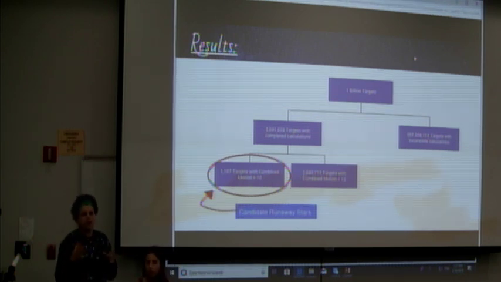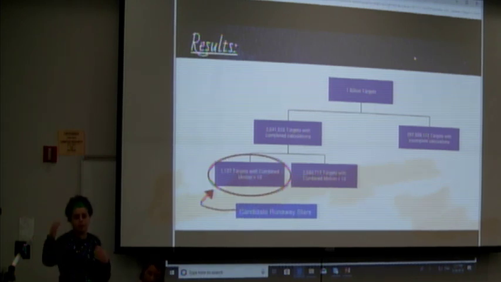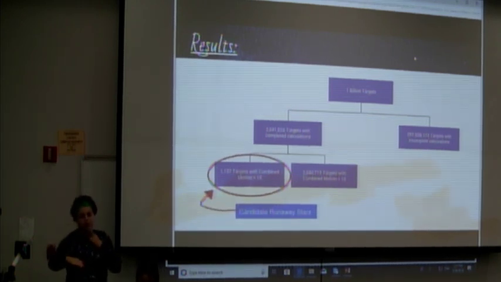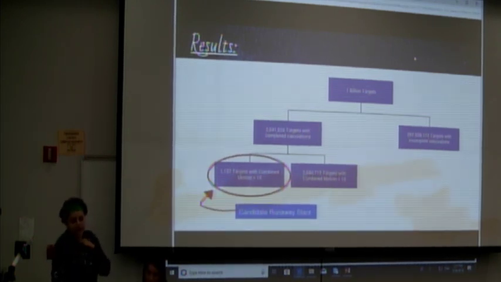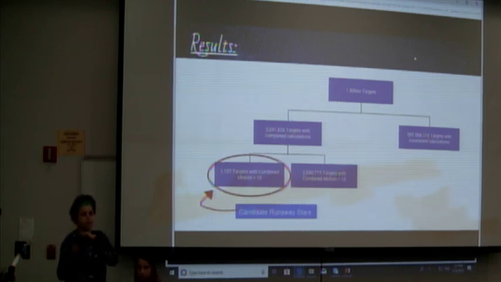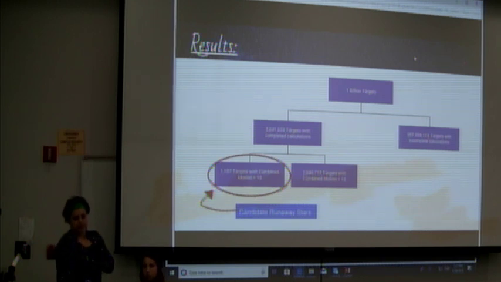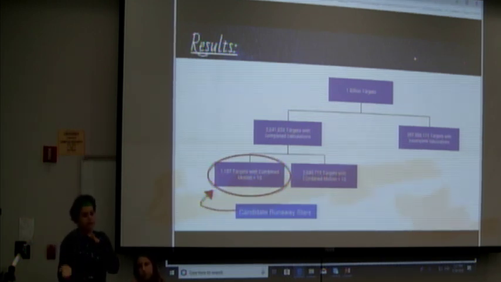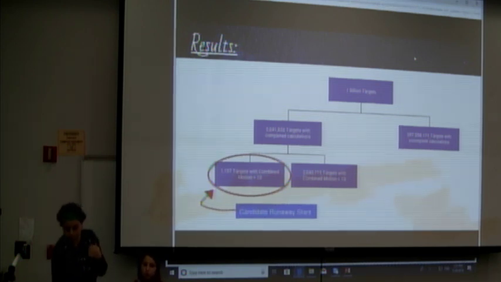My methodology was able to take 1 billion targets and narrow it down to the 2 million that had completed calculations, because Gaia is still in process. And from the first data release, I was able to name 1,107 targets that I considered to be candidates for runaway stars or hypervelocity stars.